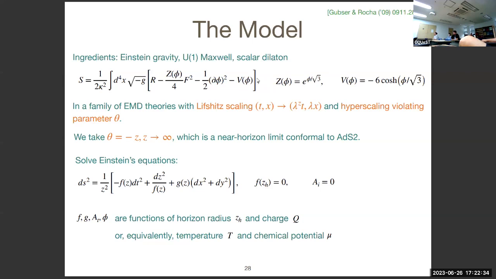What I really care about is the relative scaling of the potential of the dilaton and the coupling to the gauge field. I could put an arbitrary coefficient there, and perhaps there is an arbitrary coefficient there in this family of EMD theories. For one reason or another, this particular coefficient has an extra conformal symmetry or something.